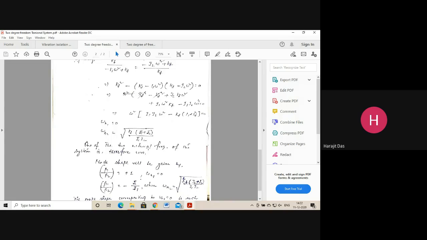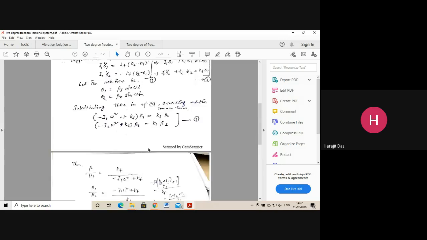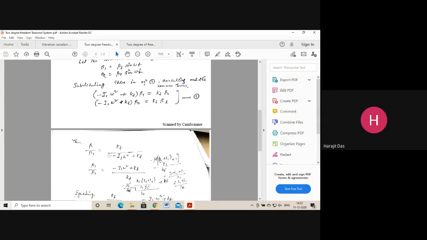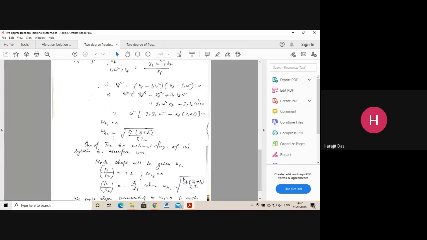While putting omega n1 equals 0, from this equation you will be getting this beta 1 by beta 2 ratio as plus 1, okay. So this is the mode shape, the first mode shape, first principal mode of vibration, omega n1 equals 0, okay.